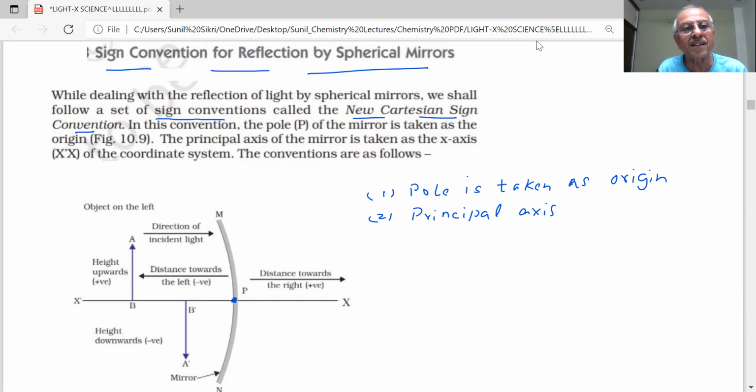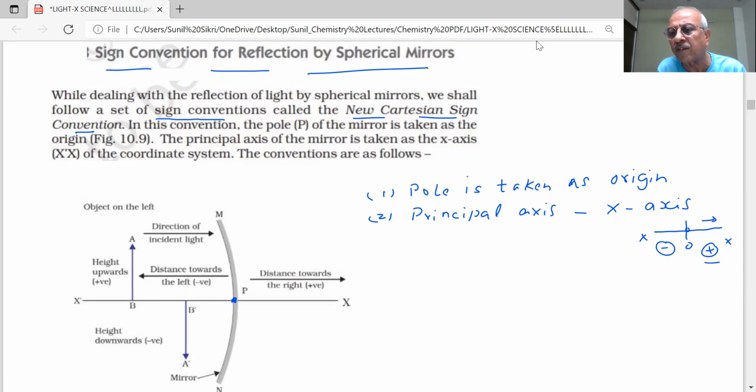This principal axis is taken as the x-axis. In maths, you use the x-axis, yes or no? If this is my origin, my zero point, then this is my x-axis. So you have a positive x-axis and a negative x-axis.